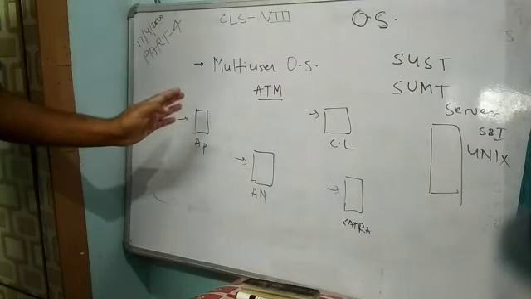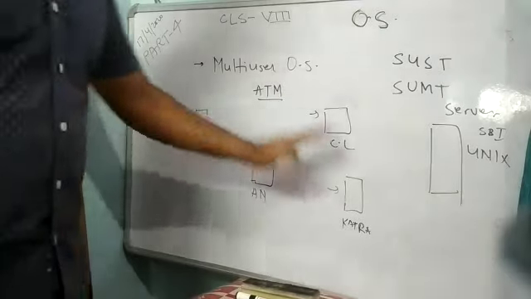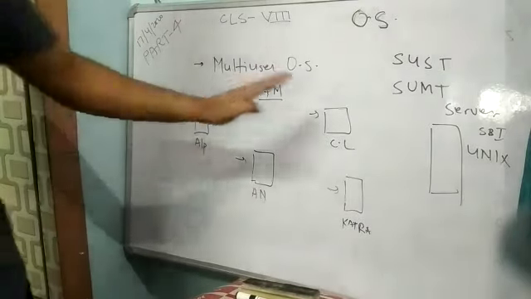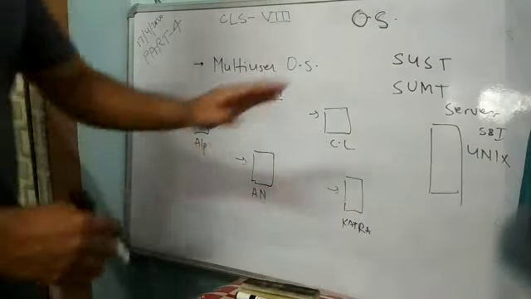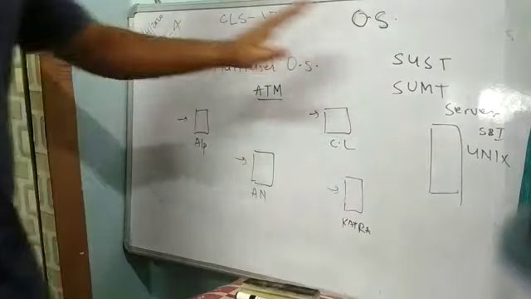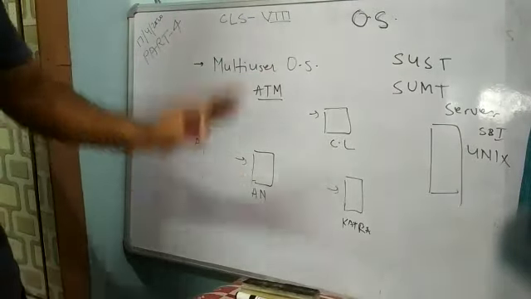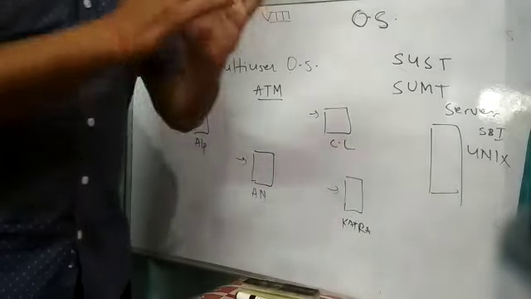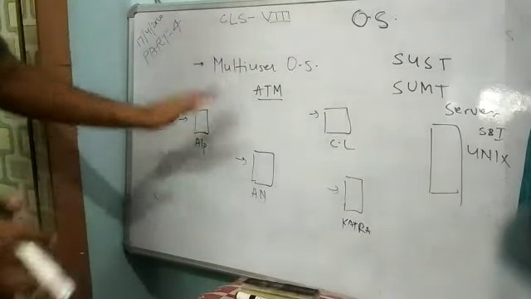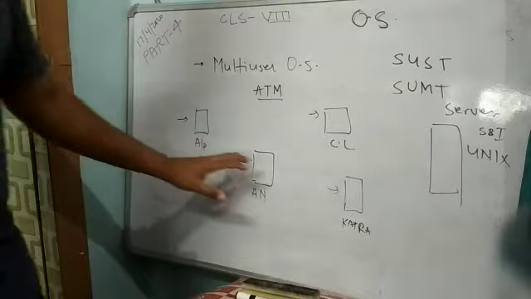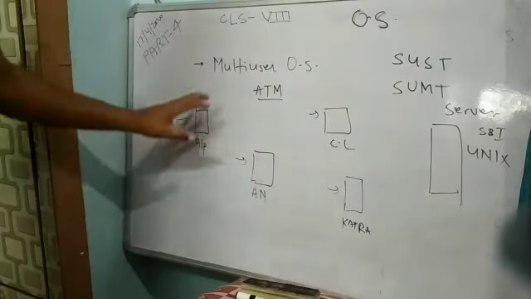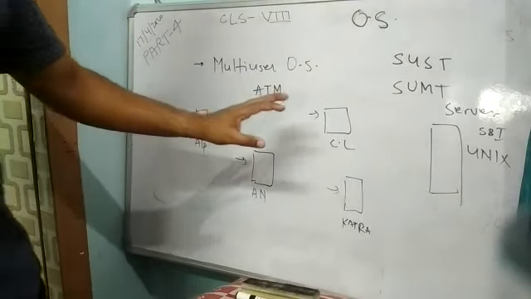No, it never happens. They can withdraw money at the same time because the operating system allows multiple users to share the system at the same time. I hope you have understood the working nature of the multi-user operating system.